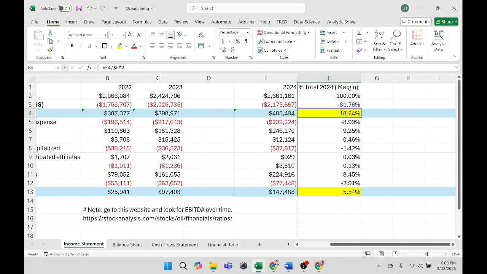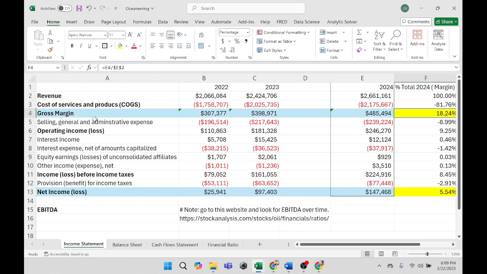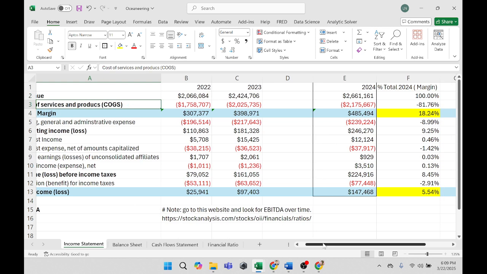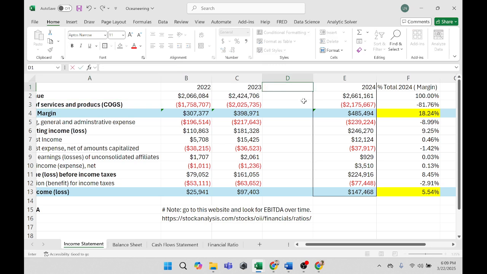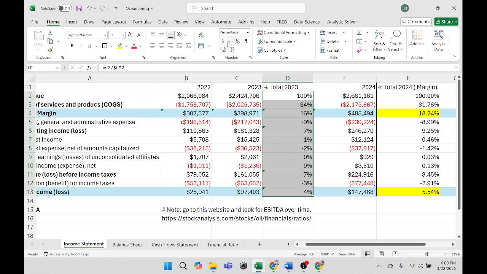The gross margin is what remains after we subtract the cost of goods sold from the revenue. Let's do the same thing for 2023. Percentage total 2023. So F4. All right, drag it down. Percentage.